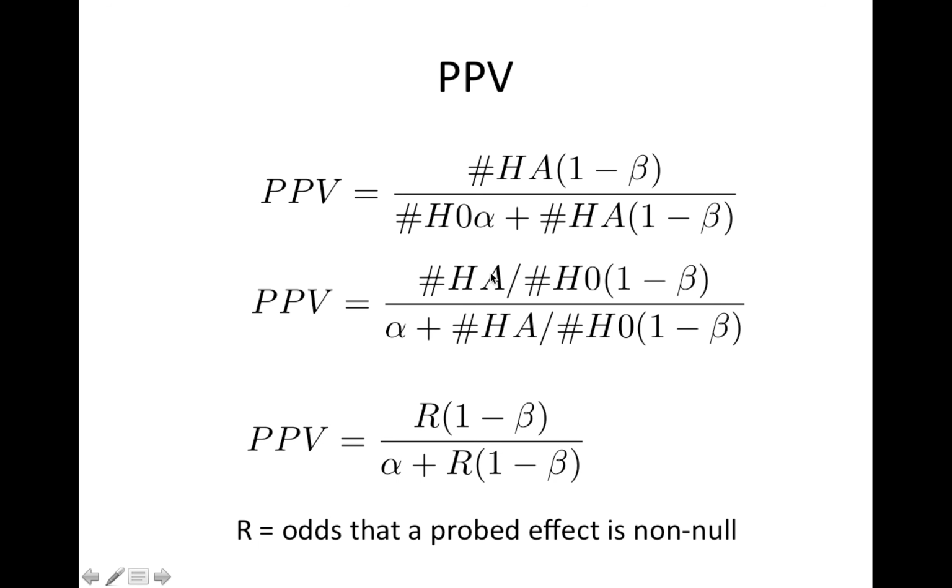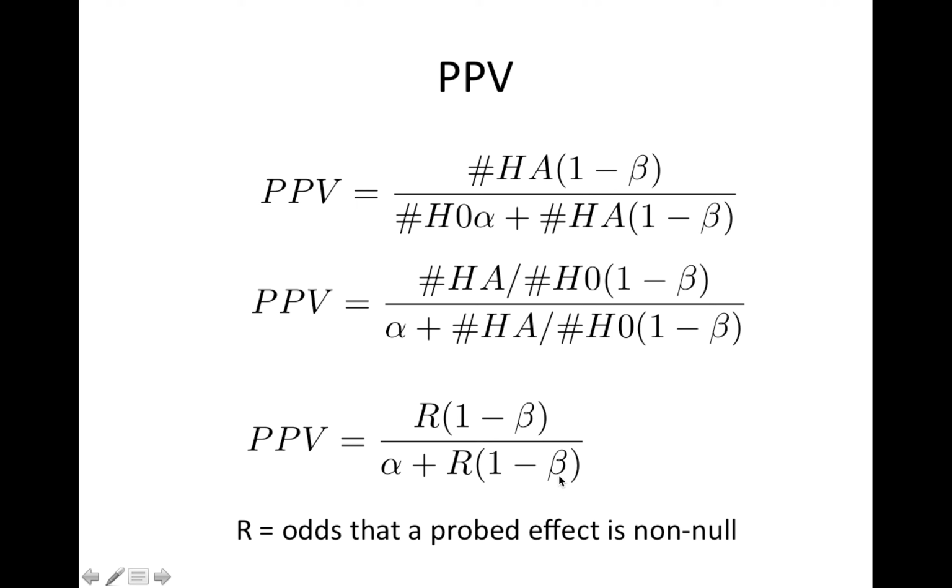And they call this ratio R in the paper. R is the odds that the probe effect is non-null. So it's just an odds. So this is the definition that you'll see for positive predictive value: R times the power divided by the type 1 error rate plus R times the power.